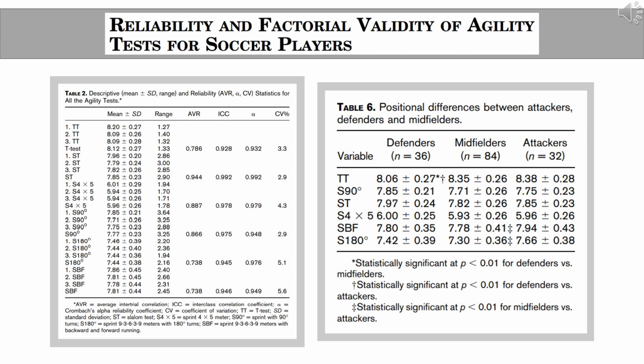Second one is our slalom test. Then we've got a sprint 4 times 5 meters. Then we've got a sprint with 90-degree changes of direction or 90-degree turns. Then we've got sprint of different distances with 180-degree turns. And then we've got a sprint of different distances with forwards and backwards running.